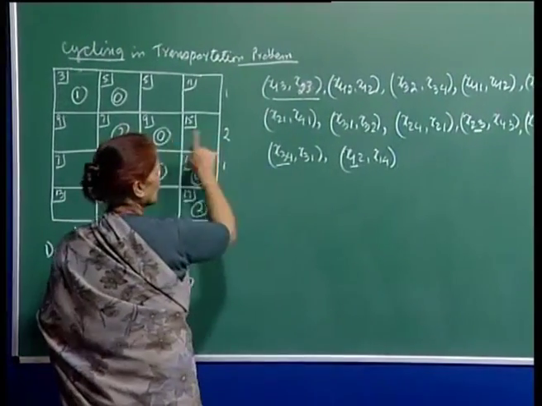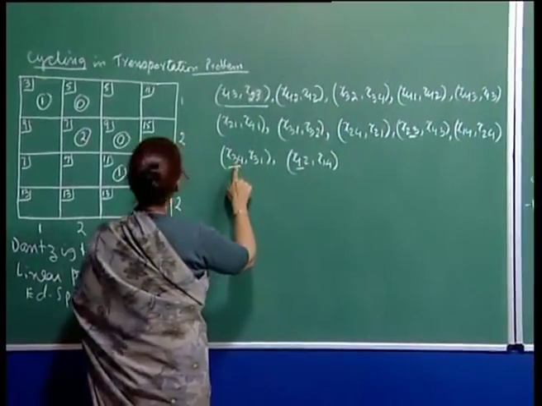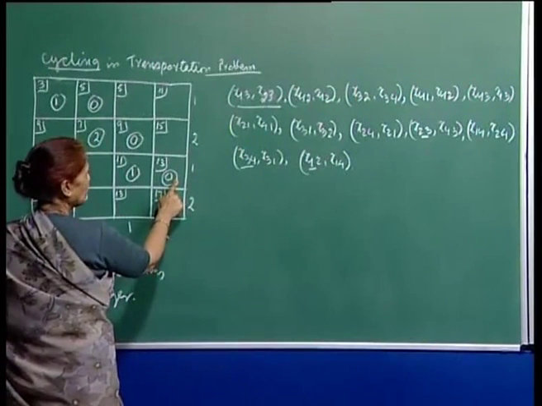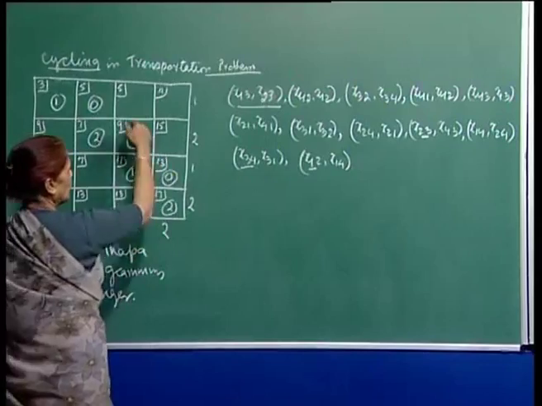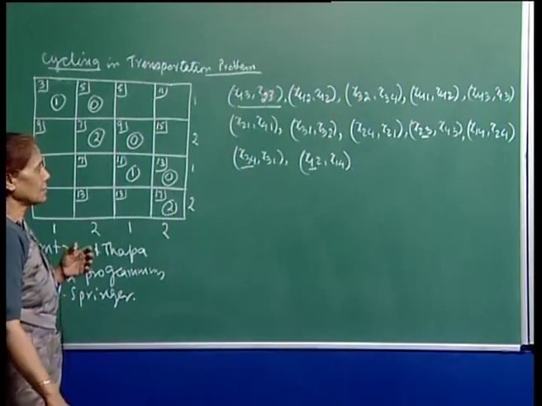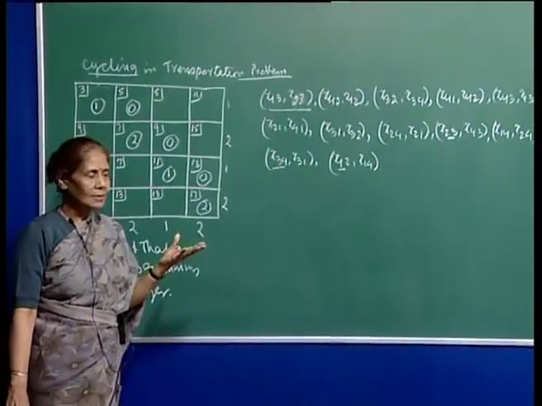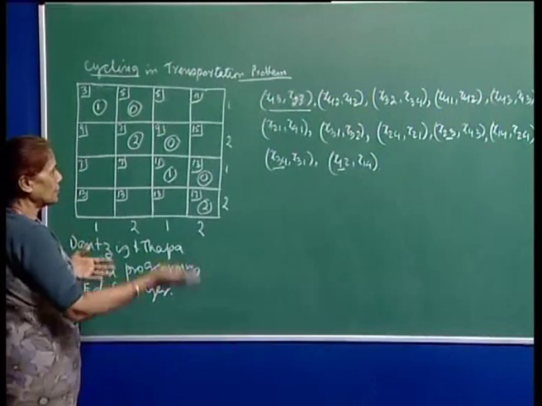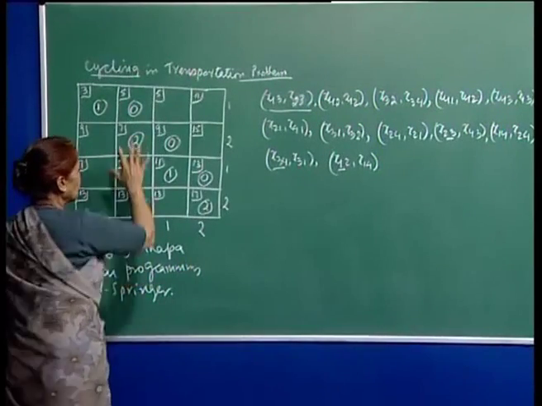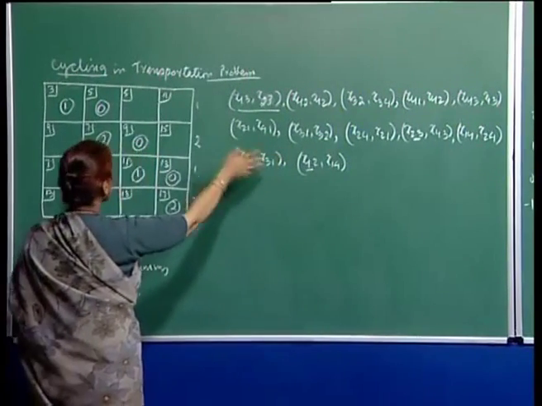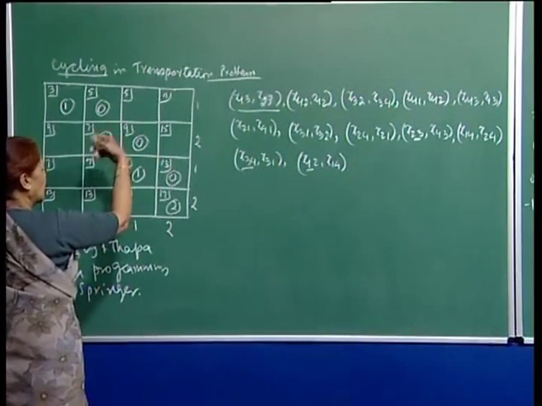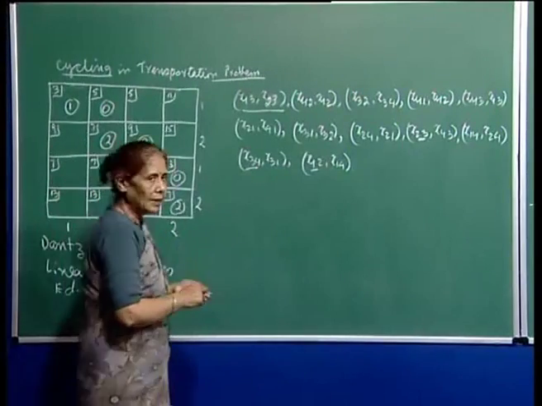So 23 is coming back into the basis, then 34 has come into the basis, and 12 has come into the basis. Once these 3 have come back, you will have the same set of basic cells, right. Therefore you will start cycling again, because you started from here with this series of iterations and pivot elements, then you come back to the same thing. Now when you start again, you will keep cycling.